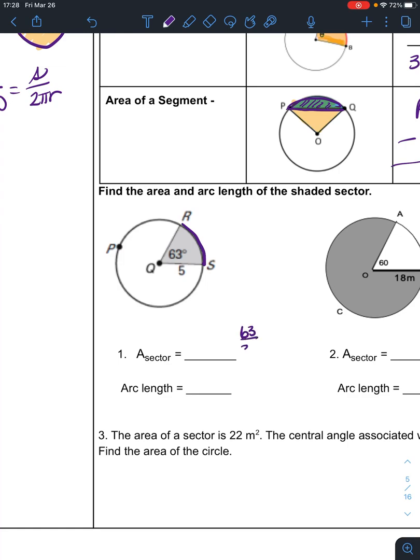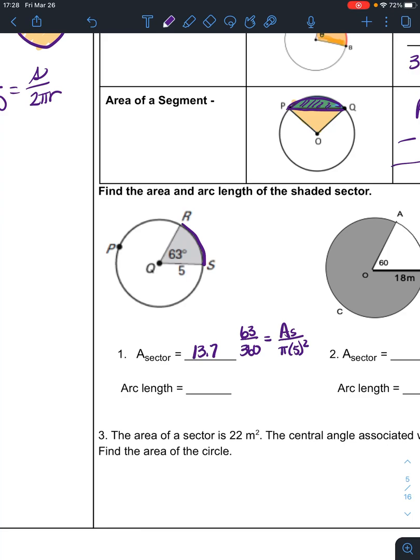So 63 degrees out of 360 degrees is equal to the area of the sector, which is what I want, the area of that shaded in piece, divided by pi r squared, 25 pi. So when you solve this, you get 63 times 25 pi divided by 360, you get 13.7 units squared.